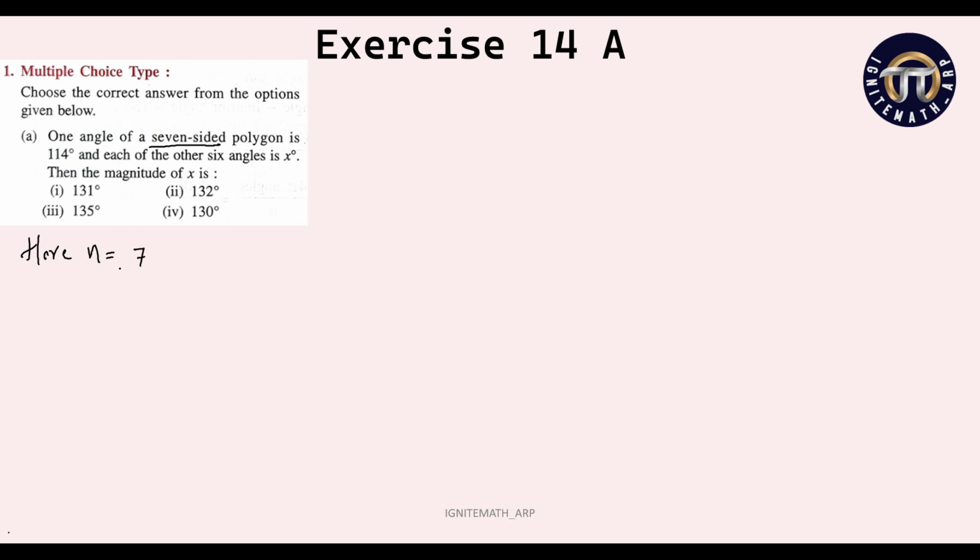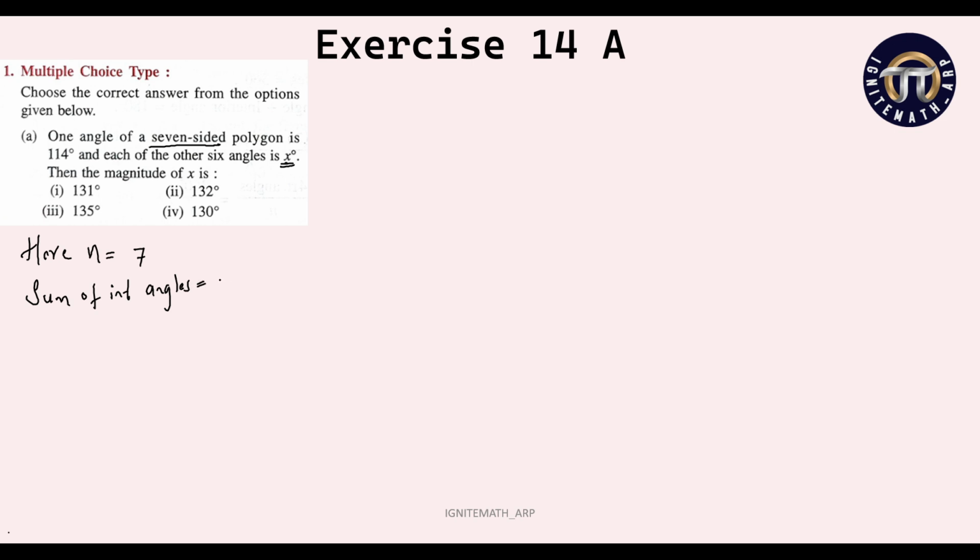Sometimes they will call it a septagon or heptagon, so you must remember what a 7-sided polygon is also called. Now let me calculate the sum of interior angles first.